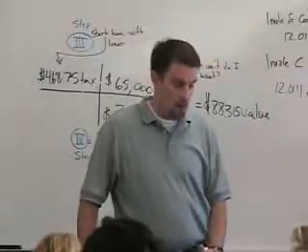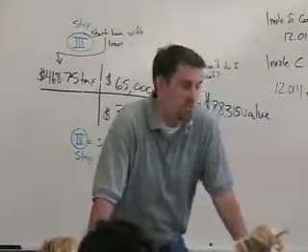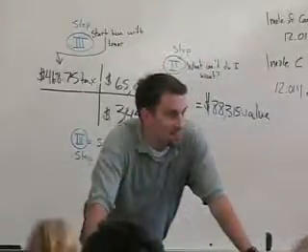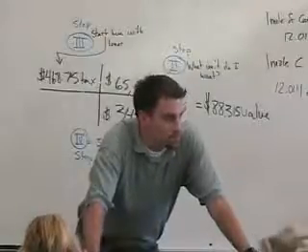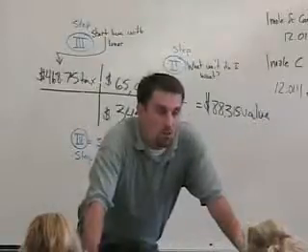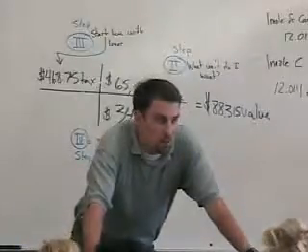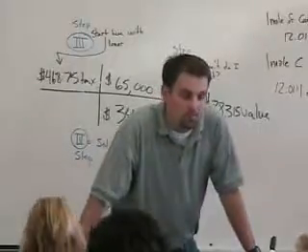How about number 3, C6H12O6? How many C's? There are 6. How many H's? 12. How many O's? 6. That was easy. Now let's see if you know how to figure number 4 out.